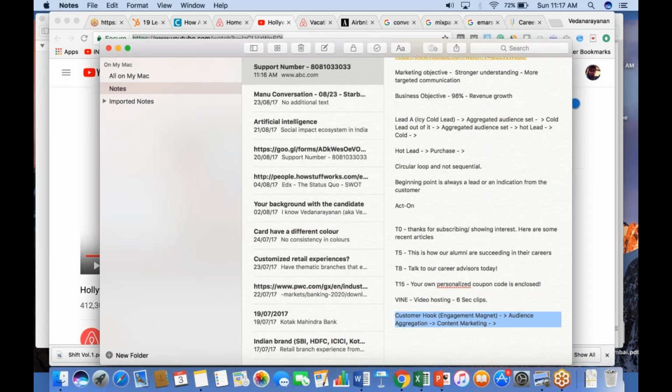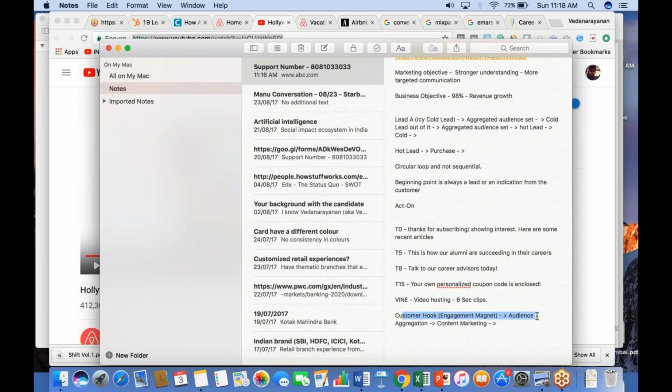Yep. So what I was saying was, in the context of Airbnb, they had a very interesting customer hook, which is an engagement magnet, about users needing to create very interesting 6-second clips of their travel experiences on Vine. They also had to follow Airbnb on Twitter, which was their means of generating audience aggregation.